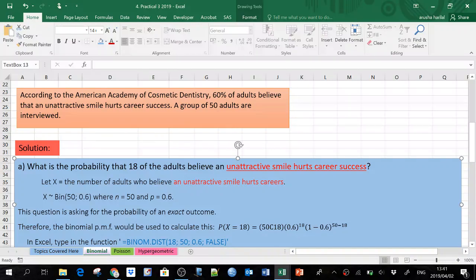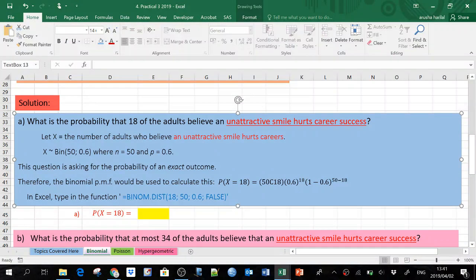In our question, the probability of that was given to us to be 60% or 0.6. So hence we know that X is a binomial. There's my n and there's my p. The question is asking for an exact outcome, meaning 18 adults. So we are looking at the probability of X equal to 18.